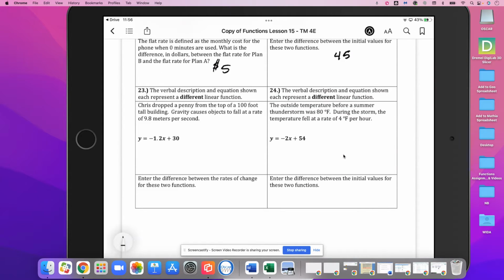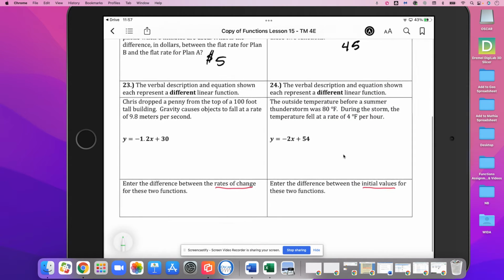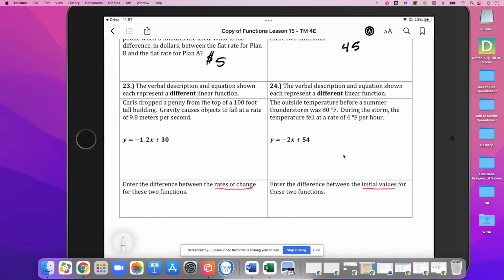Okay, we're asked this time to do the rates of change. It's important to pay attention to the directions on these because that one says rate of change and this one says initial value. So be careful to be doing what you're asked to do on these. And so we are looking for rate of change in number 23. So Chris dropped a penny from the top of a 100-foot tall building. That's the initial value. That's where it started.